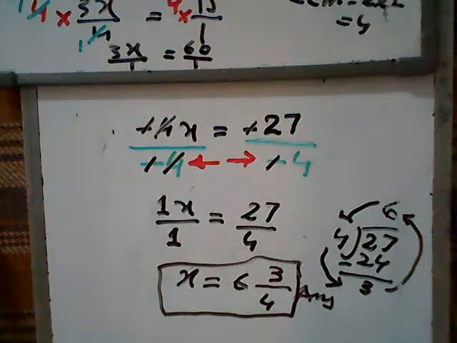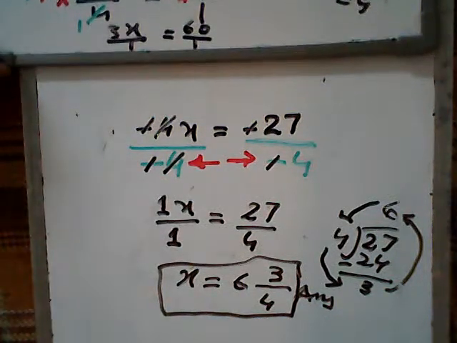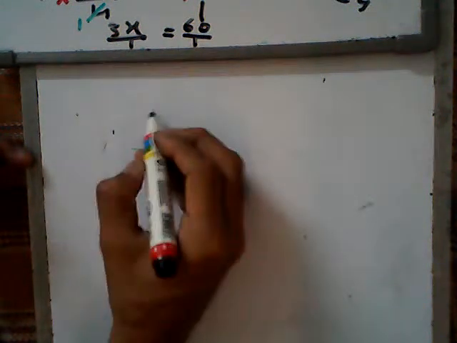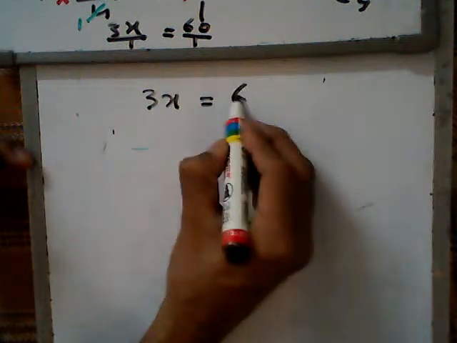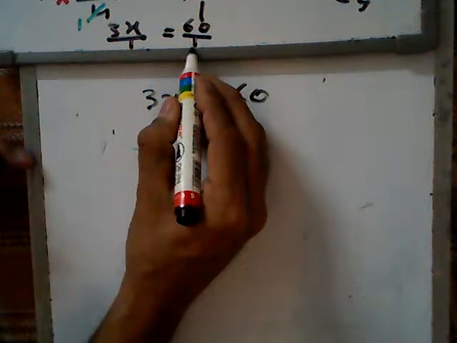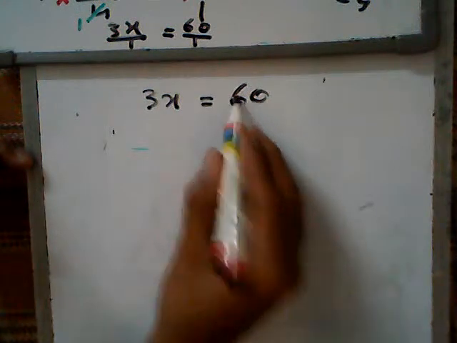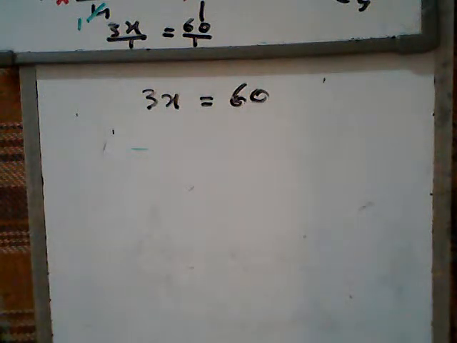So now we'll be solving the same question here. We know that if there is a denominator 1, we don't need to write it. So 3x is equal 60.